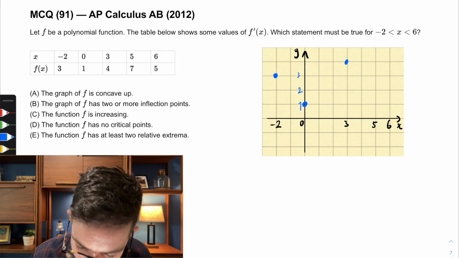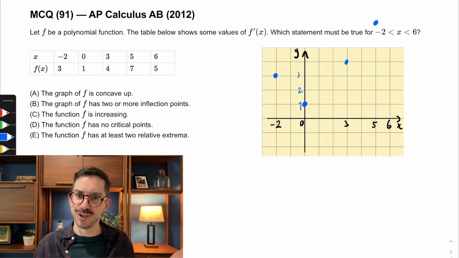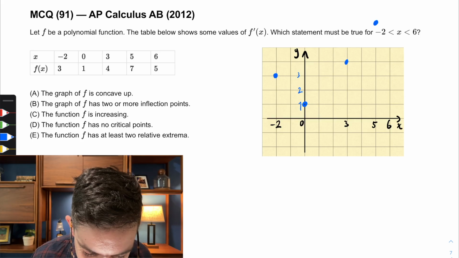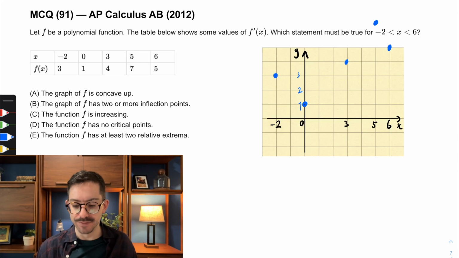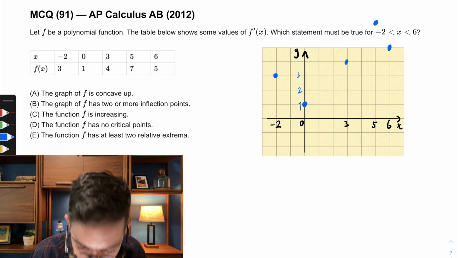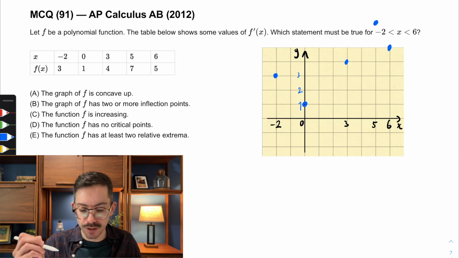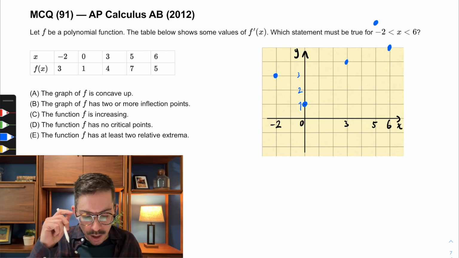At x equals 5, I have a point, oh my goodness, it's off my graph, but that's okay. It's just a sketch. And at x equals 6, I have my output of 5. Okay.